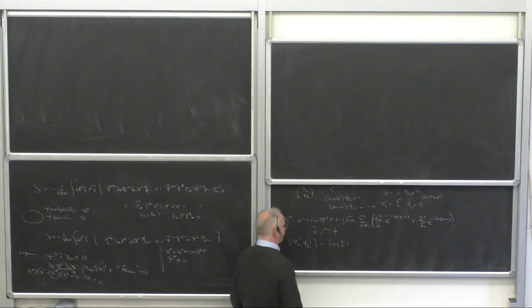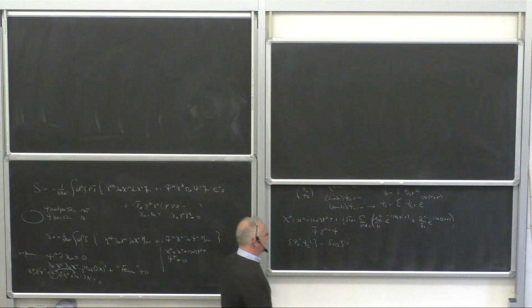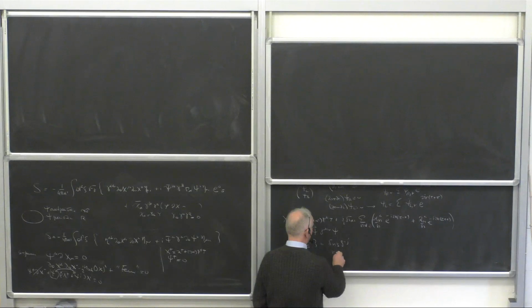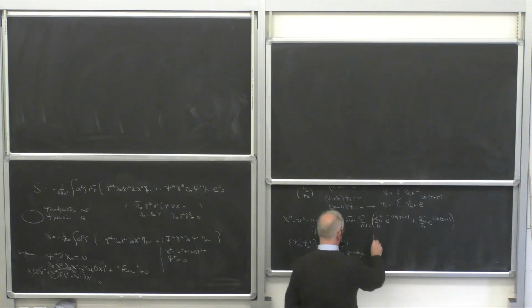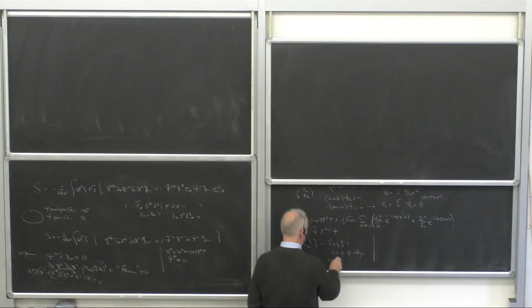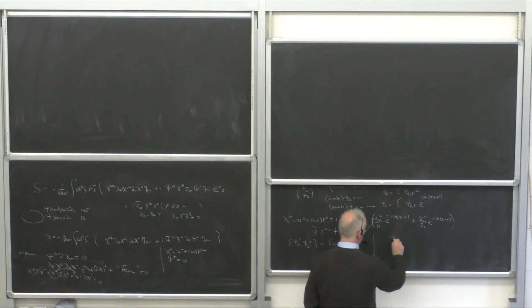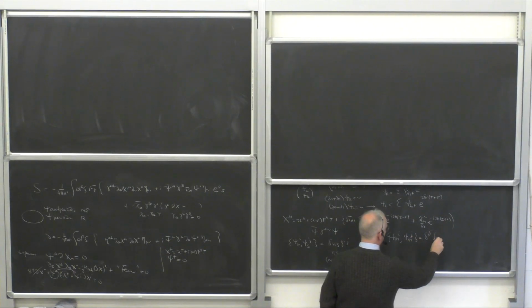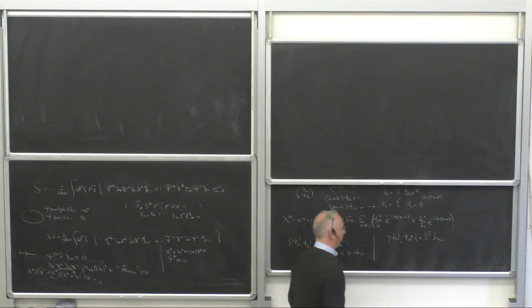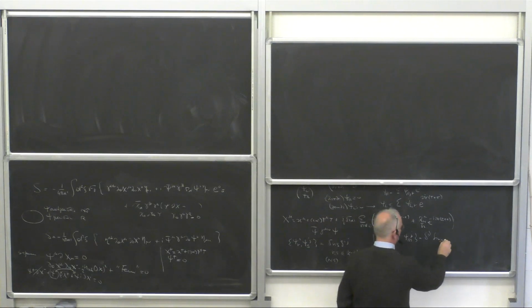Now, this is true if r and s are half integer. So 1/2, 3/2, minus 1/2. This is the Neveu-Schwarz sector. In the Ramond sector, the index is usually called n. m minus n, I meant here.